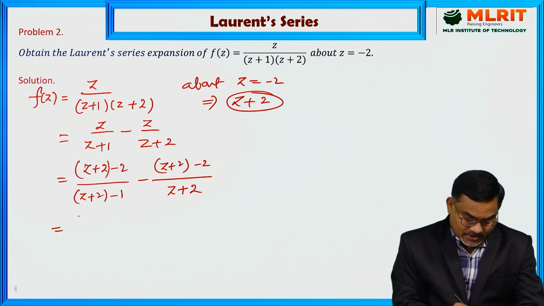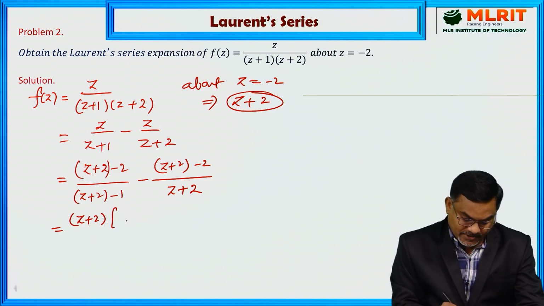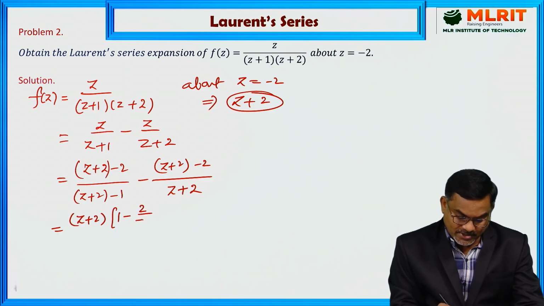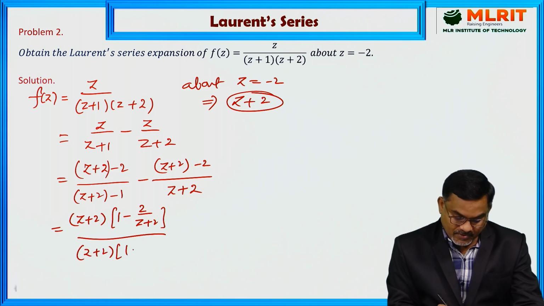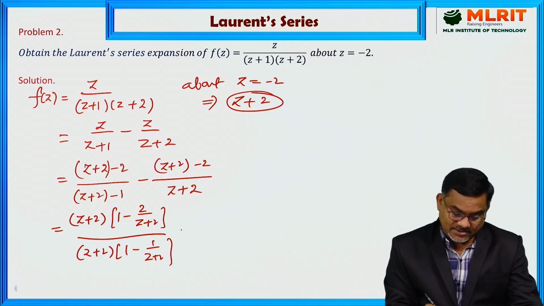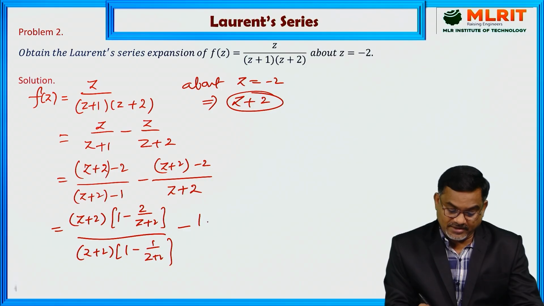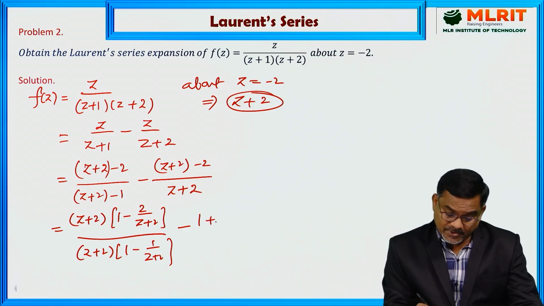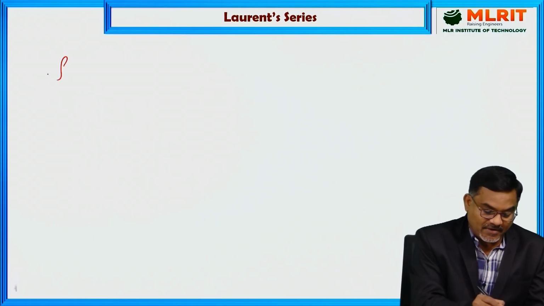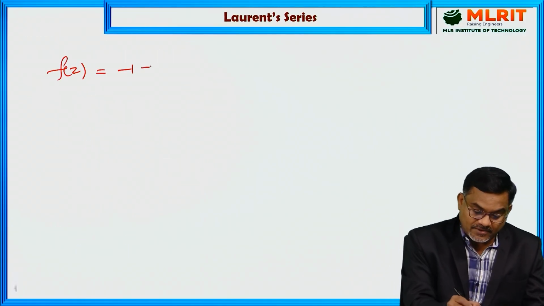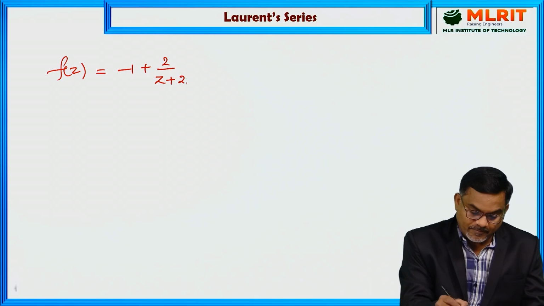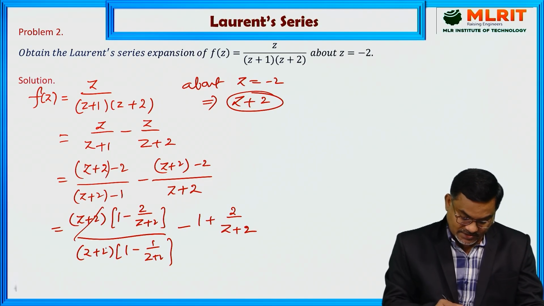Now here I can take z plus 2 common in the numerator. So, 1 minus 2 by z plus 2 and similarly z plus 2 here, 1 minus 1 by z plus 2. So, that is minus here, a minus b by c. So, 1 minus 1 plus 2 by z plus 2. So, therefore, this f of z becomes minus 1 plus 2 by z plus 2. So, these two get cancelled.